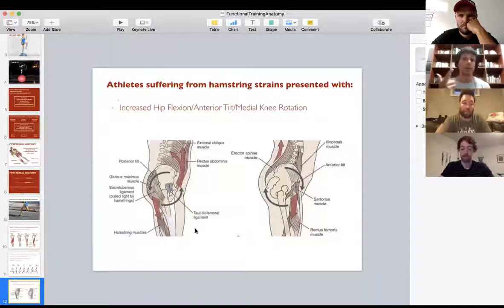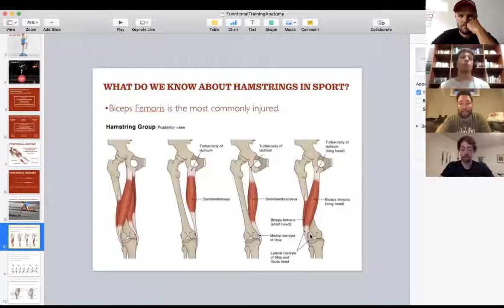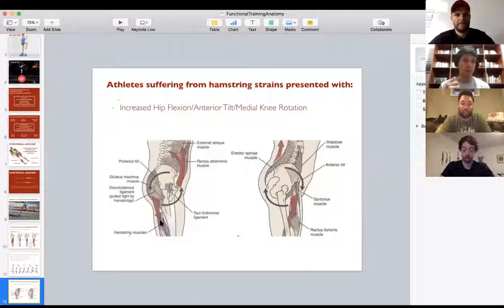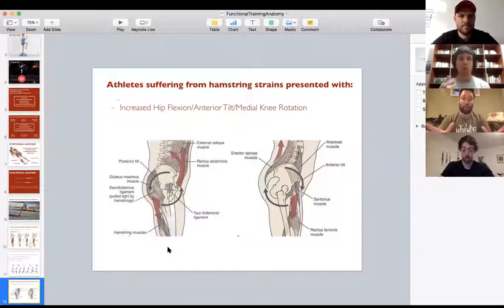And if you look at where the biceps femoris attaches, if we have all 3 of those things going on, medial rotation of the knee is going to put more eccentric strain on the biceps femoris, and an anterior tilt and increased hip flexion is also going to put more eccentric strain on the biceps femoris. Okay, typically these athletes are anteriorly tilted forward, and their knees are medially rotated inward.